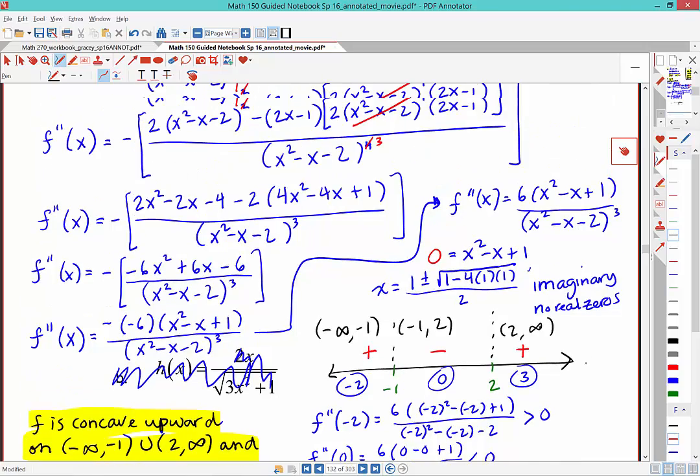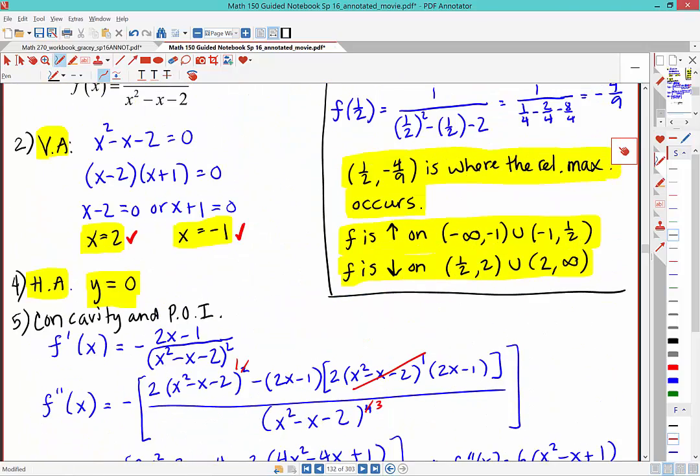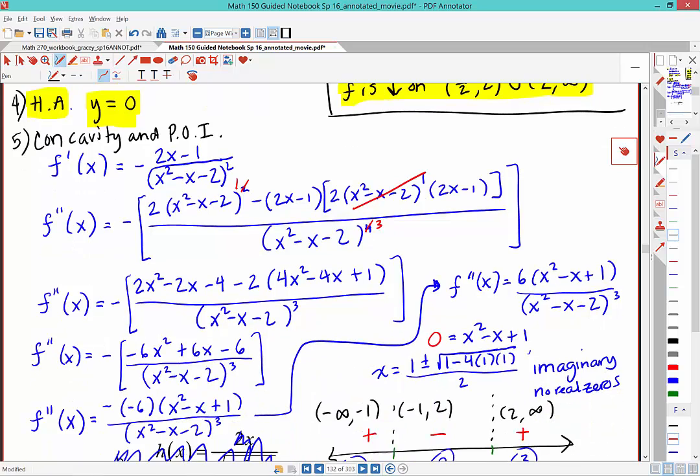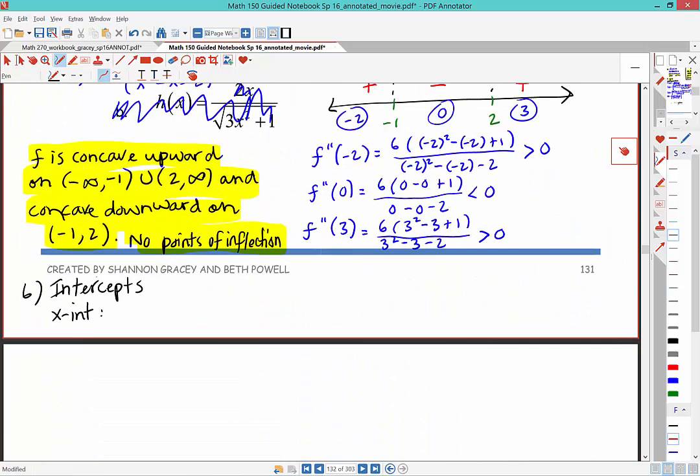Because the original function doesn't have any zeros. So this would be none. And then the y-intercept would be f at 0, which is 1 over 0 squared minus 0 minus 2, which would be negative a half. So we'd have an intercept at 0, negative a half.